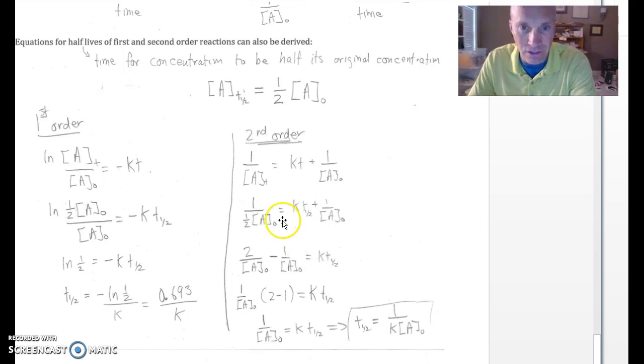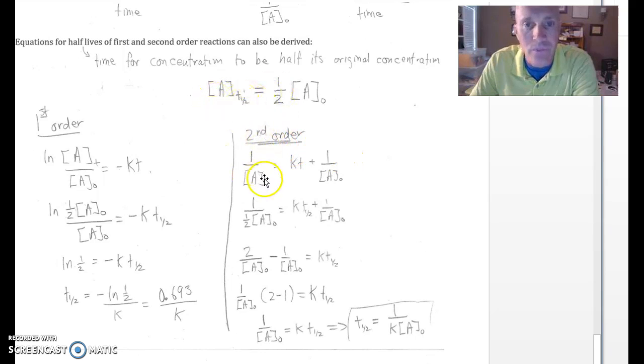The integrated rate law for the second order equation is this right here. We're going to do the same trick: at the half-life, the concentration is 1/2 of the original concentration, so we substitute that in right here. Moving this to that side, we have an equation where we could factor out 1 over [A] sub 0.